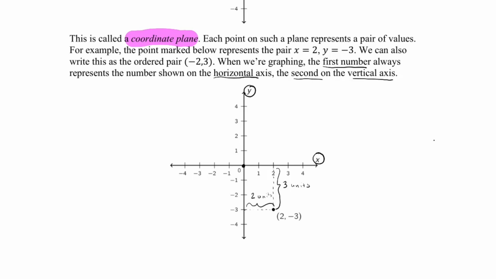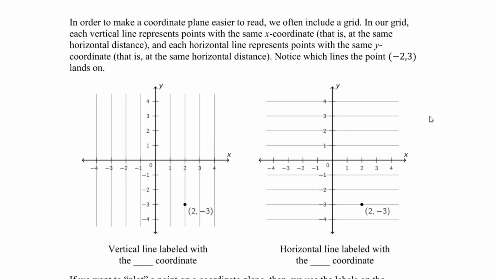So I told you that that's the point 2, -3, and I drew these dotted lines and these distances to help us see that. But in general, if we're going to actually try to draw something on a coordinate plane, or read really clearly the coordinates of a point on the coordinate plane, we're going to draw in grid lines. So we have a series of vertical lines where every point on the vertical line has the same x coordinate.